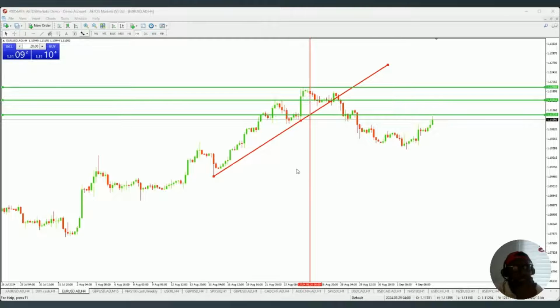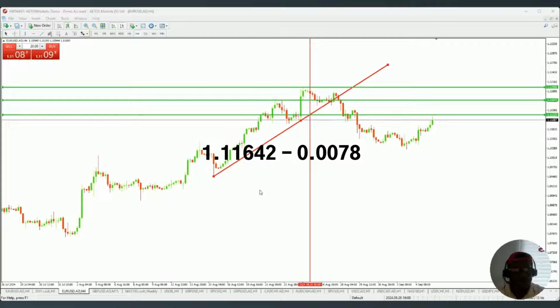Now, the next thing we are going to be doing is calculating the open price minus P1. P1 is the figure we just got now. And in this case, our open price is what? 1.11642, minus P1. P1 is 0.0078, equals.